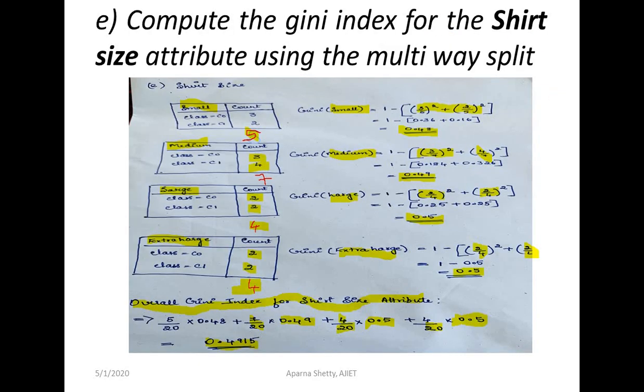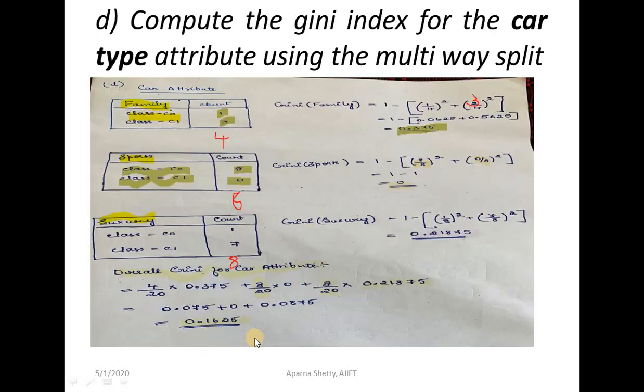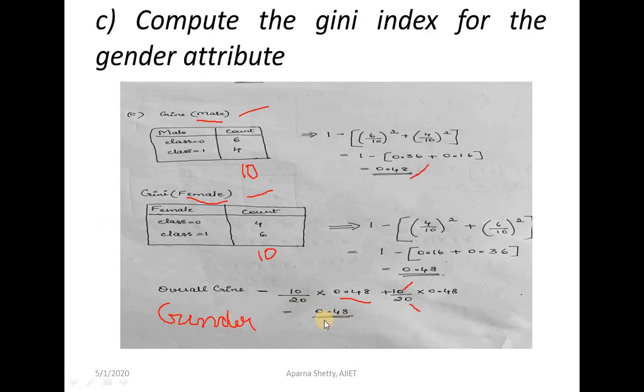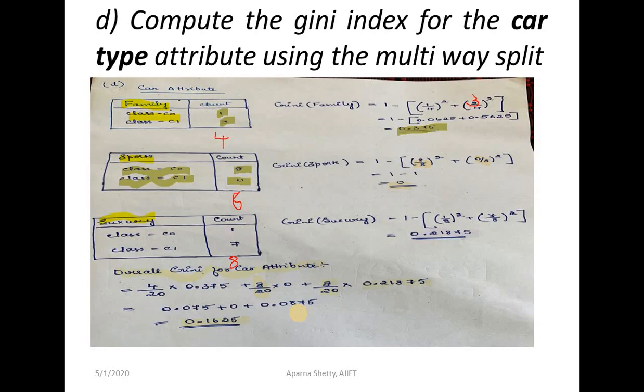Now here if you see, for shirt size the Gini value is 0.4915. For car type it is 0.1625. And for gender it is 0.48. 0.1625 is smaller, correct?